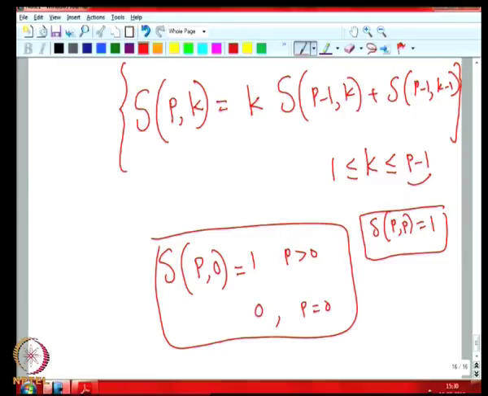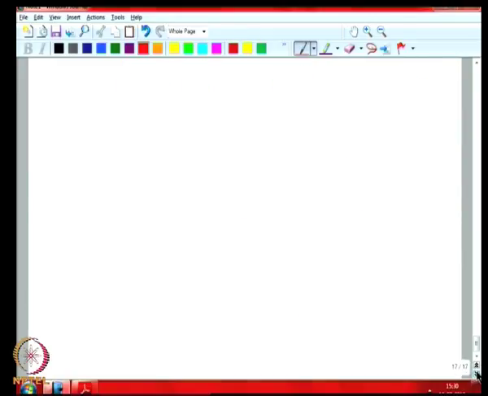Why is this valid for S(P, K)? What does S(P, K) mean? We have P distinct objects and we want to assign them to K boxes, these boxes being indistinguishable. So we take the last number, namely P, and separate it out, and the remaining numbers are 1, 2, up to P minus 1.